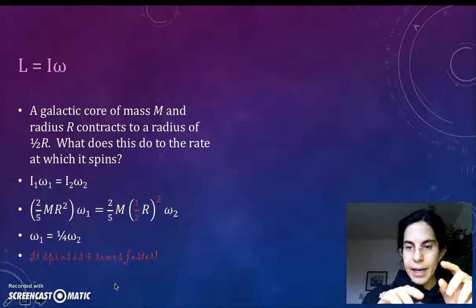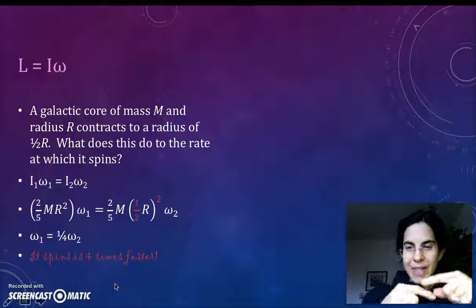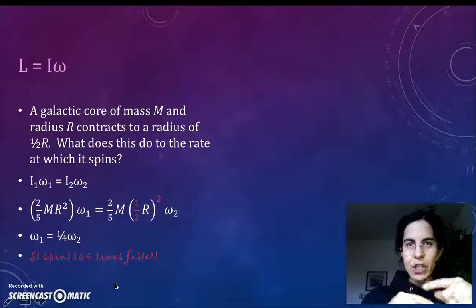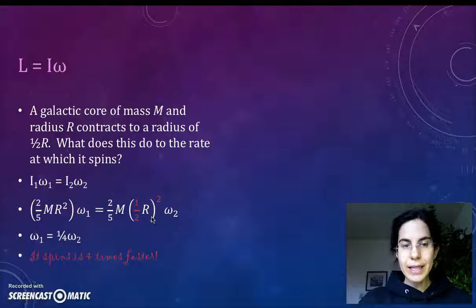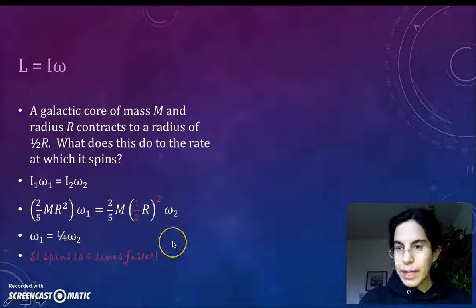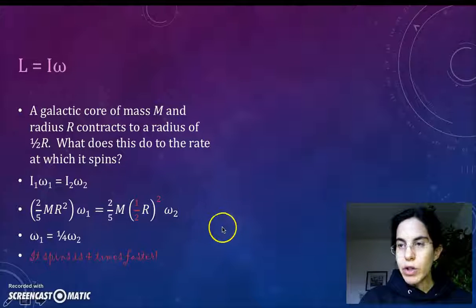And hey, if the spinning was what was causing it to contract to begin with, now it's contracted half as much. It spins 4 times faster. 4 squared is 16. That means it's going to contract 16 times as much. If it's got 1/4 of the radius, that means we are going to have a snowball effect.